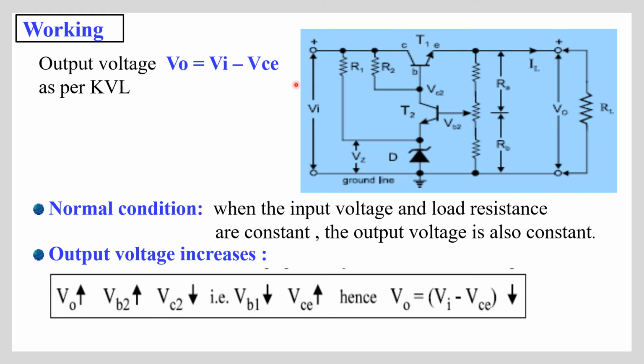So when this increases, the output voltage will decrease, keeping the output voltage constant. Is it clear? So when the output voltage increases, the feedback voltage increases, causing a decrease in the collector voltage of T2, and in turn increases the collector current of the series bypass transistor, keeping the output constant.